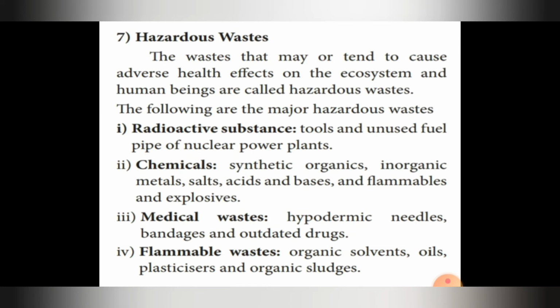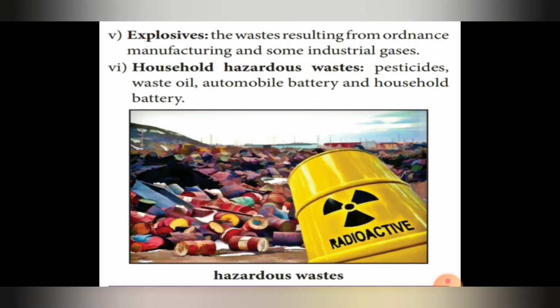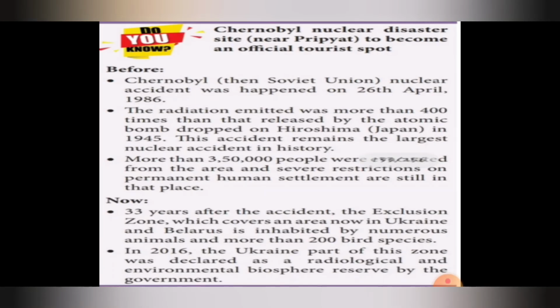Flammable waste is organic solvents, oils, plasticizers, and organic sludges. Explosives are the waste resulting from ordnance, manufacturing, and some industrial gases. Household hazardous waste is pesticides, waste oil, automobile batteries, and household batteries. So these are the hazardous waste.